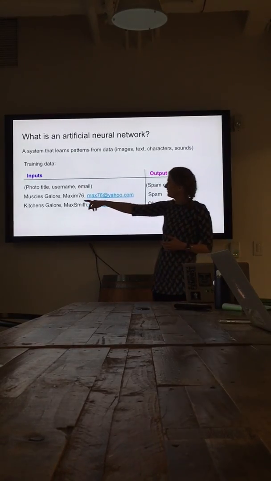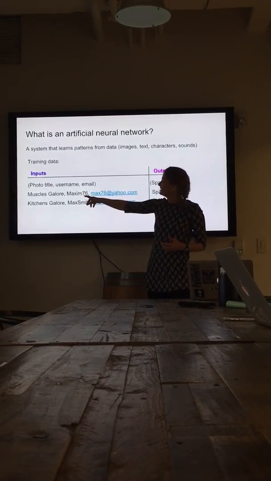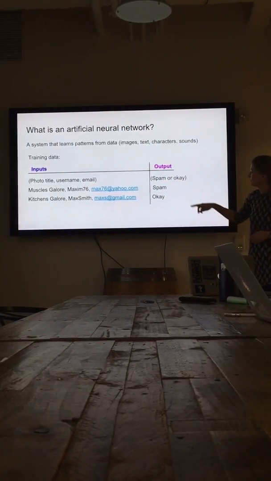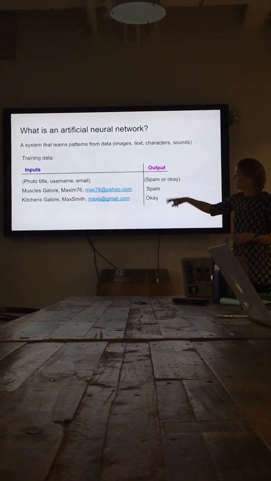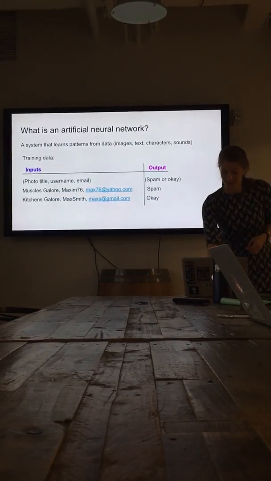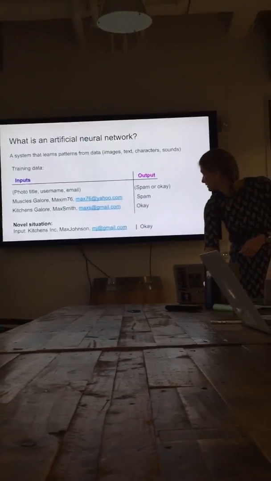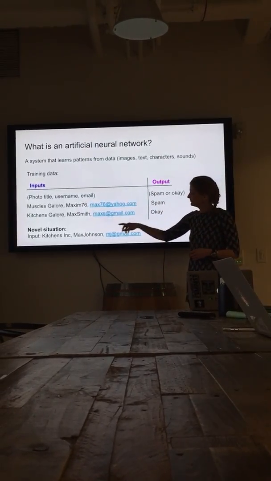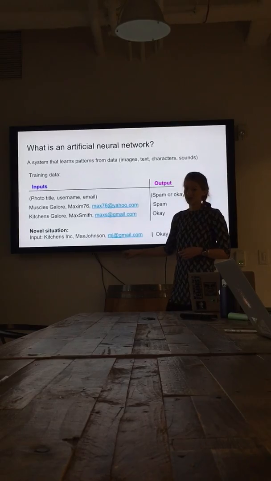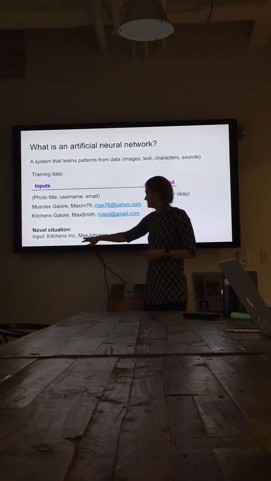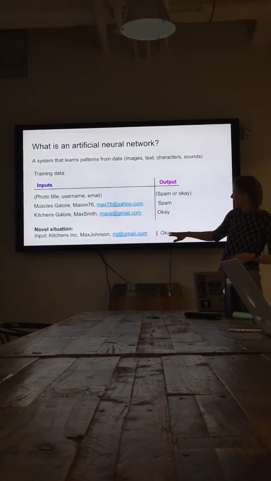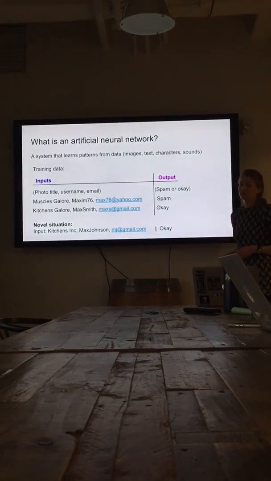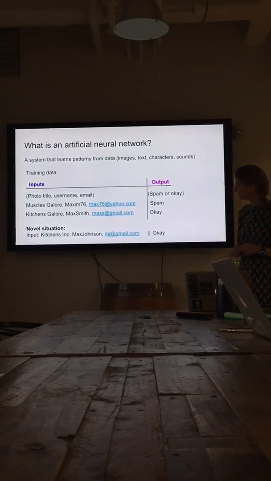For example, we have Muscles Galore, and the user is Maxim76, and this is his email. We give all of this into the neural network, and it will be labeled. Then it should be able to learn these patterns, and we could give it something it's never seen before, like this one, kitchen sink, Mac Johnson, and it should be able to give us the output. So it's learning all of those patterns.